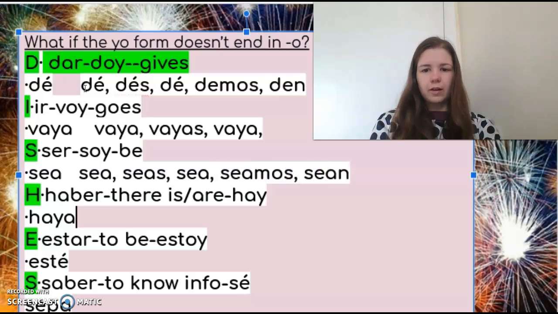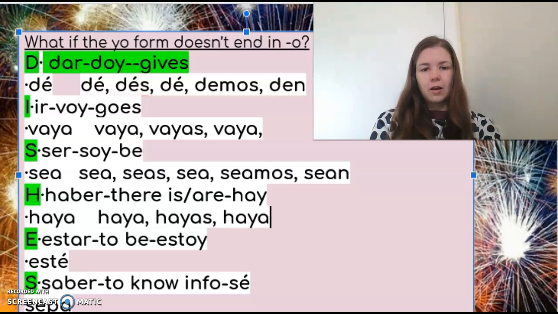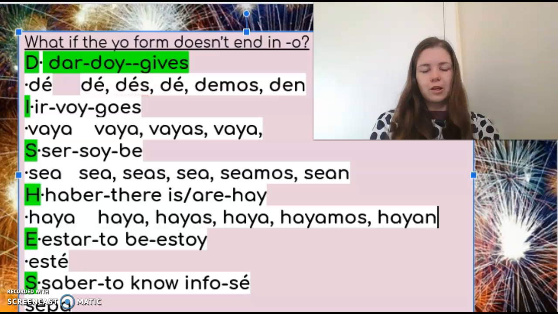You definitely don't need to write down all of these new conjugations. If you have a root word, we're just adding the same ending because we know by now, since you've made it almost through Spanish 2, that the tú form always is going to end in s. Él, ella, usted form always ends in a vowel. Nosotros always ends in amos, and ellos, ellas, ustedes always ends with an n.